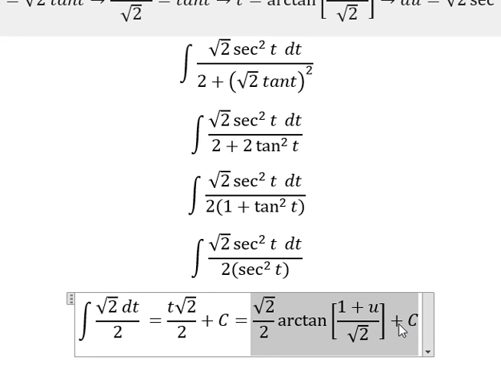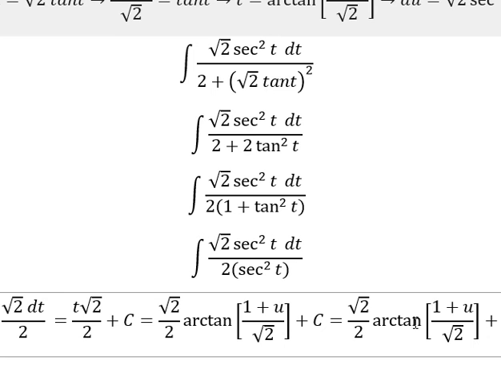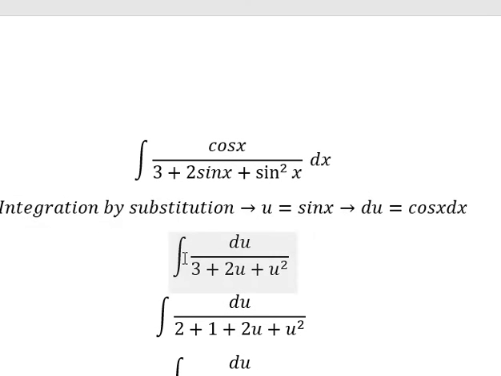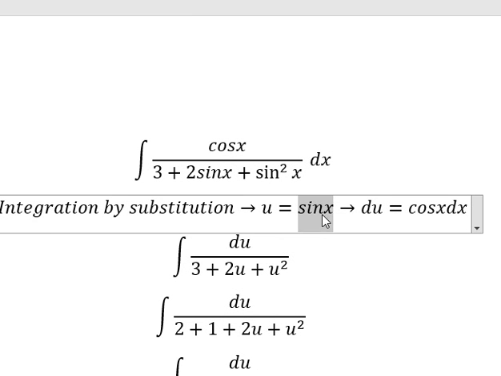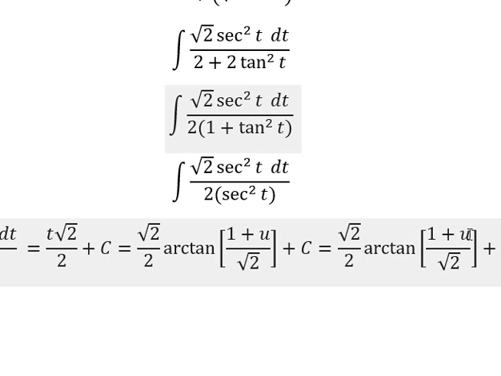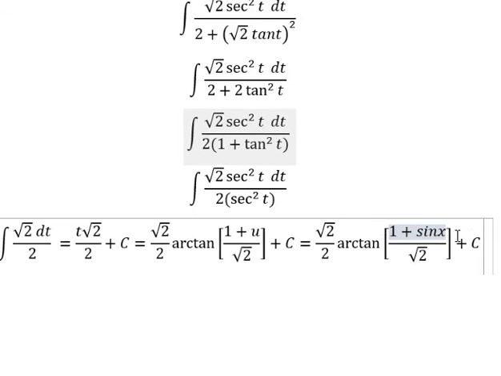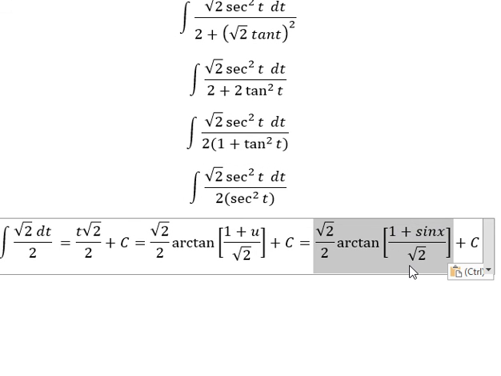About u, that's sin x. So we put this one in here, and you get the final answer.